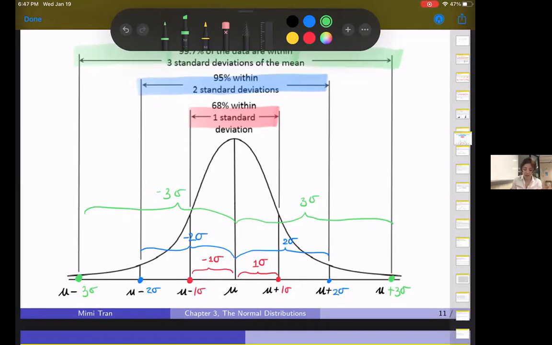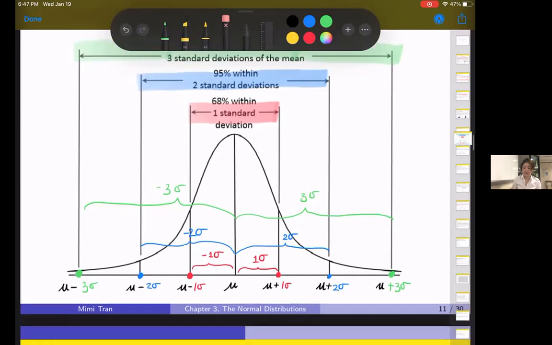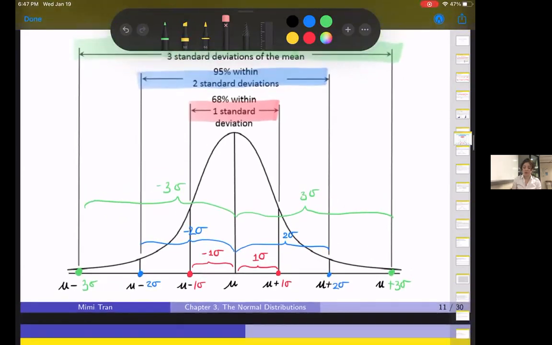The curve gets really flat and lays on top of the x-axis. So anything less than -4 or bigger than +4, the area is very tiny. We don't care.